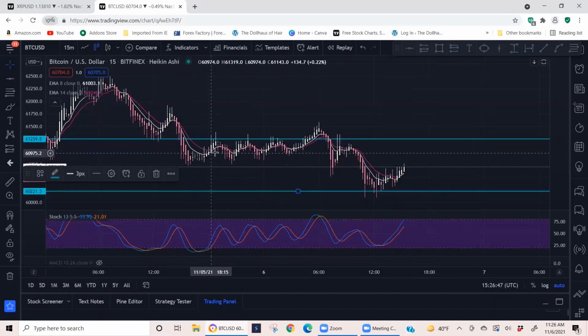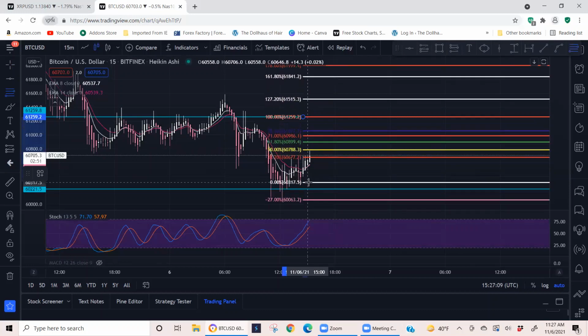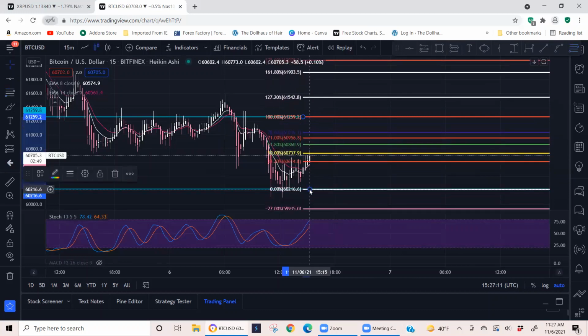I put this one here because there's a lot of action right here, so that lets me know it's a hot zone. Once you get your 2 areas, you'll then take your Fibonacci tool. Keep in mind, you're going to be catching a sell, so you want to put your Fibonacci tool at that top zone, drag it down to that second zone, and let it drop.